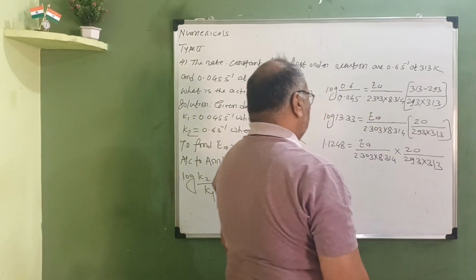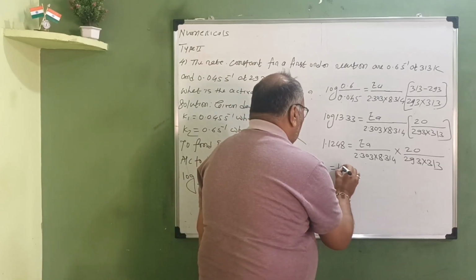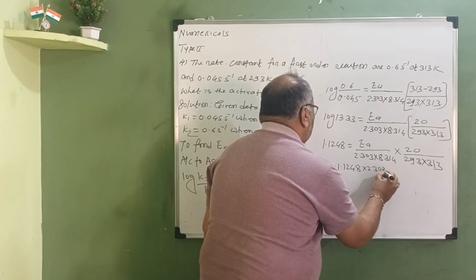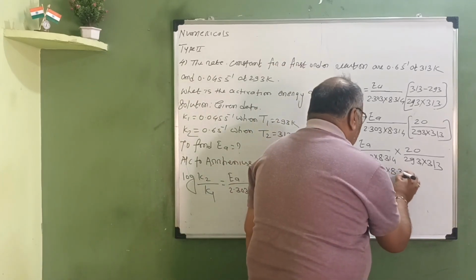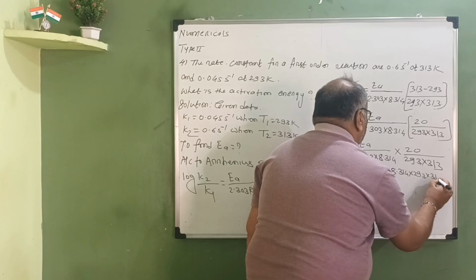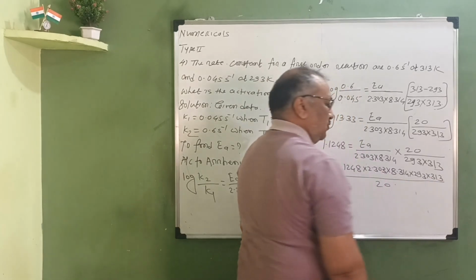That means here EA equal to 1.1248 into 2.303 into 8.314 into 293 into 313 divided by 20.